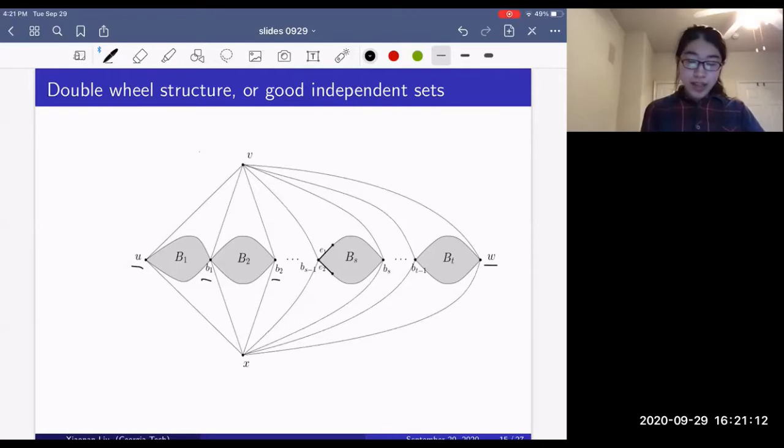Each can be an edge or a graph with some vertices. Intuitively, take B1 as an example.